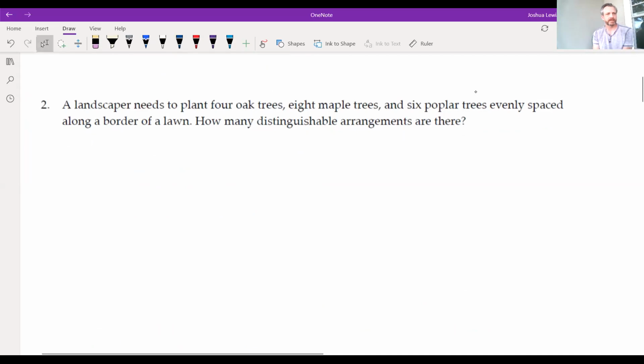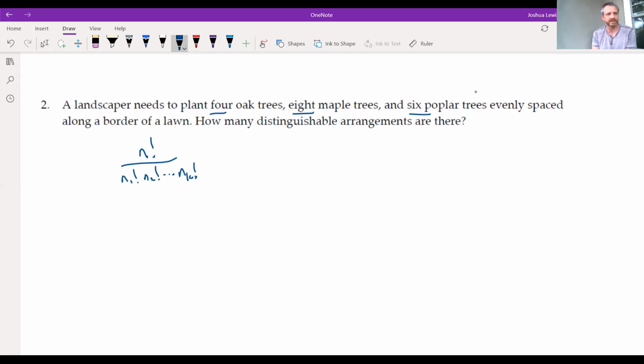Okay, number 2. A landscaper needs to plant 4 oak trees, 8 maple trees, and 6 poplar trees, evenly spaced along a border of a lawn. How many distinguishable arrangements are there? When I say distinguishable arrangements, I'm mentioning that I can't tell which oak is which, I can't tell which maple is which, or which poplar is which. So if you remember, we had this nice little formula here, all the way up to nk factorial.